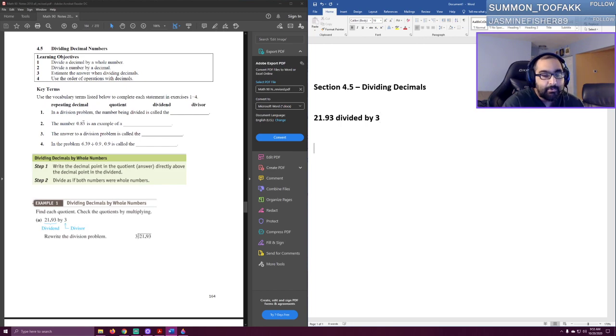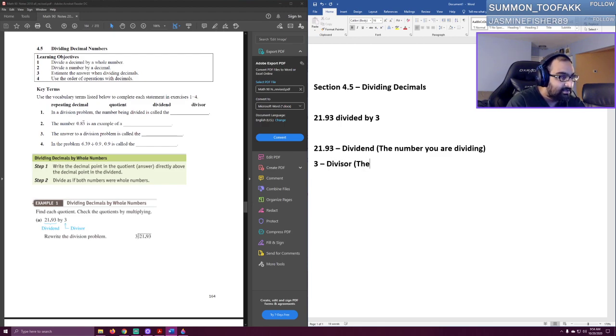Now the important part here is exactly what each one of these numbers represent. And as you see there, 21.93 is the dividend. Again, as a reminder here, the dividend is the number you are dividing. And 3 here is once again going to be the divisor.